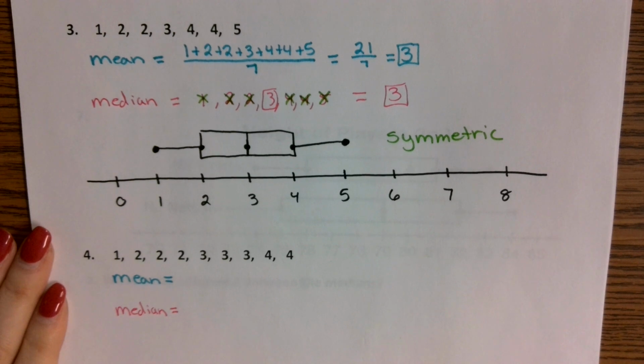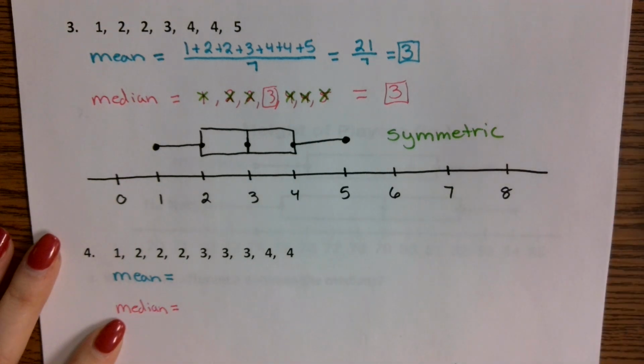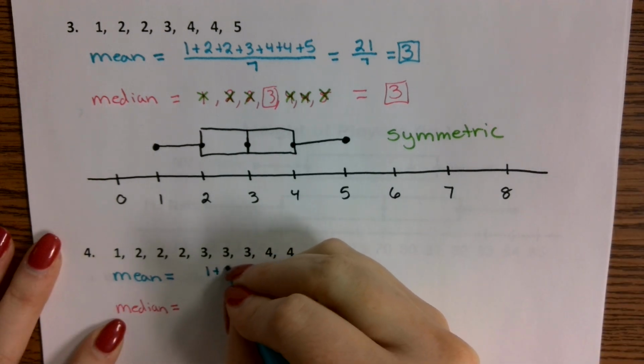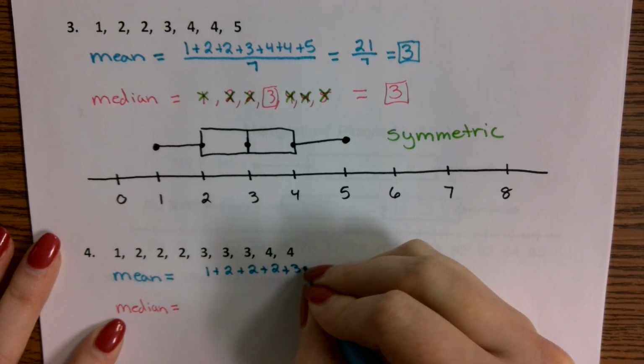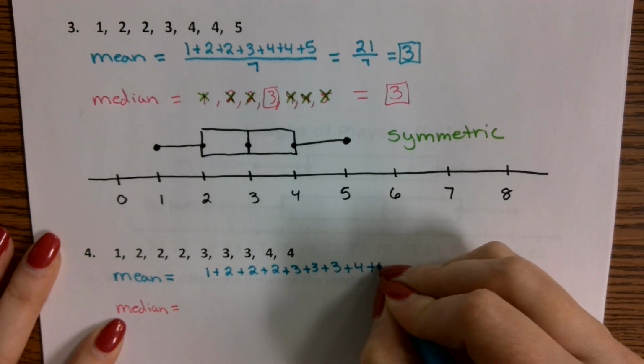Okay, let's go ahead and work on problem 4. For problem 4, again, we need to calculate the mean. The first thing we need to do is add all of the numbers together: 1 plus 2 plus 2 plus 2 plus 3 plus 3 plus 3 plus 4 plus 4.